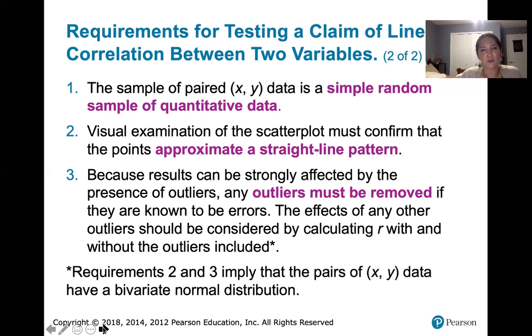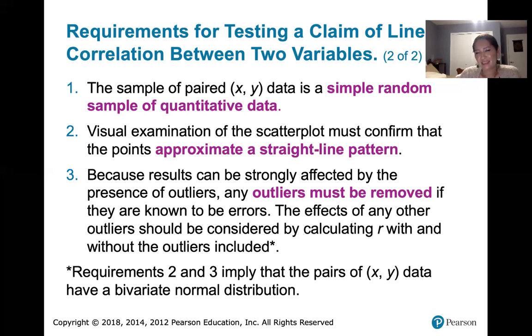The second and third requirements, this visual examination that shows us that our scatter plot resembles data lying close to a straight line, and that third requirement that says that we should remove the outliers if we know them to be errors, or otherwise calculate R with and without the outliers, are allowing us to imply that the pairs of XY data have a bivariate normal distribution.